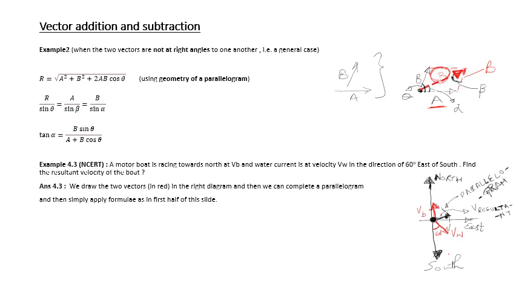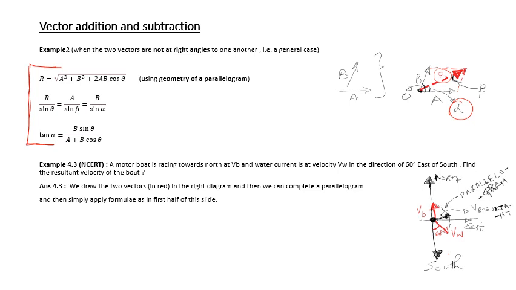Now let's draw the parallelogram to make it easy for us to geometrically calculate the value of R, the resultant, and its angle with respect to, let's say, A. So what we need to find out is the magnitude of this R and the angle which this R is making with A. This angle is alpha, and R of course is the magnitude. Now you have to remember these formulas on the left hand side, and I am trying to highlight them.